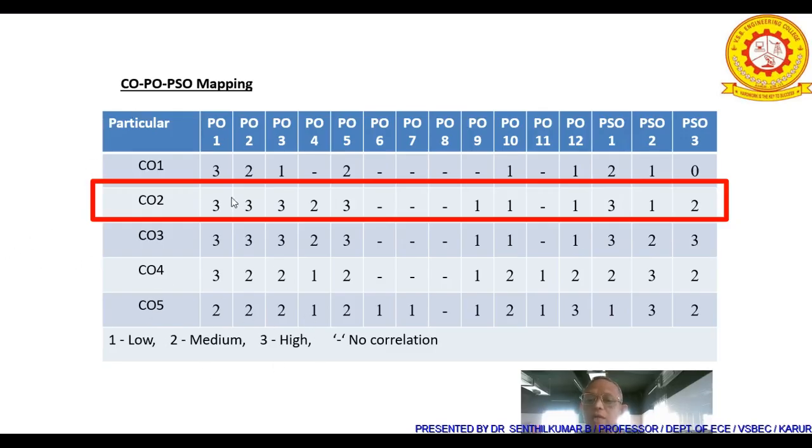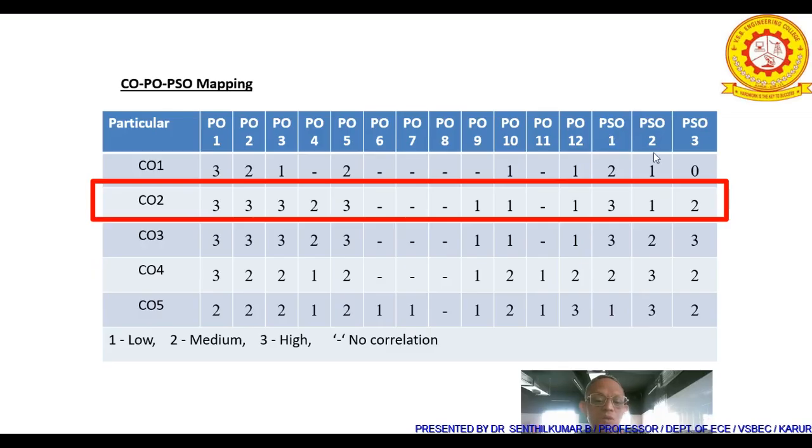As you see here, if 3 is given, it is highly mapped, and if 2 is given, it is moderately mapped with the corresponding CO and POs. And in some cases you might have seen 1, it is the lowest, lightly mapped. This way the CO-PO mappings are given.